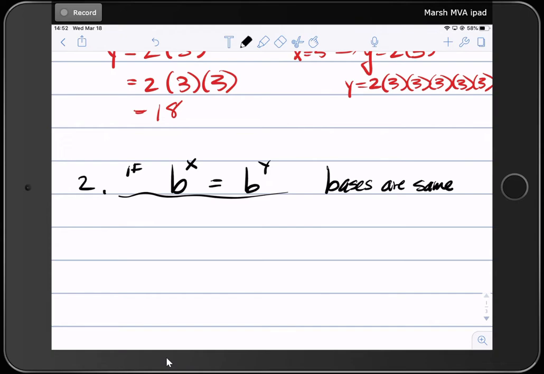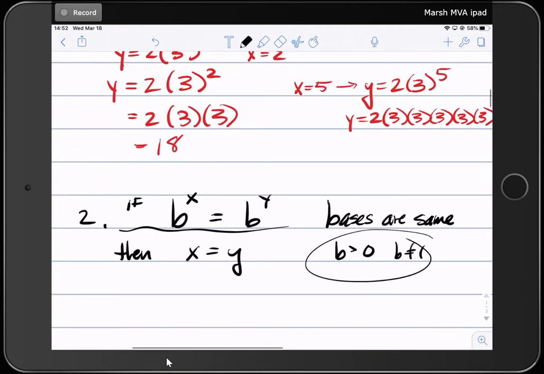I can say, therefore, x itself must be equal to y. But this is only true if the base is greater than 0 and the base is not equal to 1. That's one of the restrictions that's on this thing up here too. The base has to be greater than 0 and it can't be 1, because if you repeatedly multiply something by 1, it doesn't do anything for you.